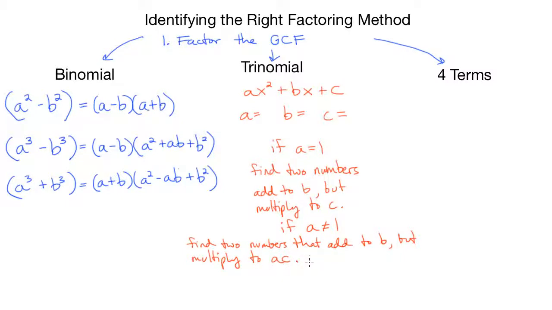Once we have those two numbers, rewrite the trinomial as four terms. And then guess what? Once it's four terms, we factor by grouping.